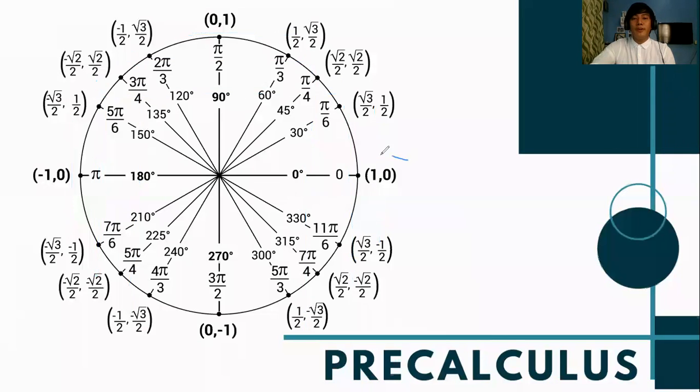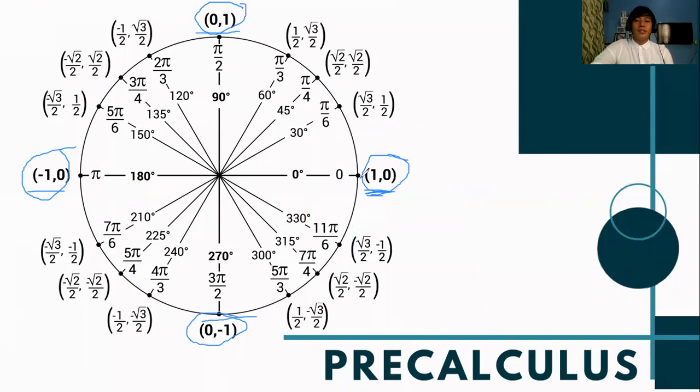We have four special points here on the unit circle. We call these the quadrantal points. We have (1, 0), (0, 1), (negative 1, 0), and (0, negative 1). The reason for these coordinates is because we are in a unit circle. That's why everything is one unit, depending on their positions.